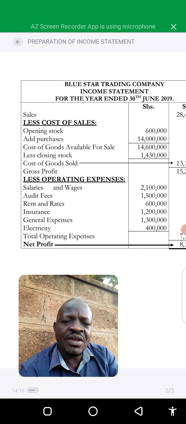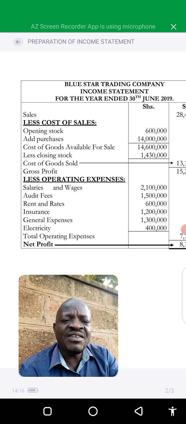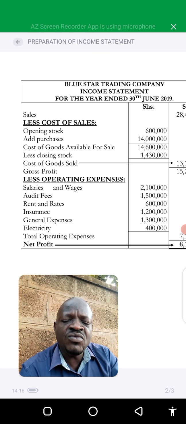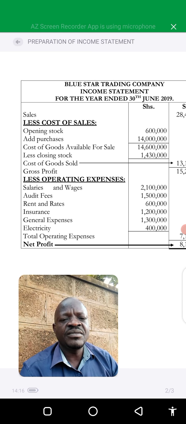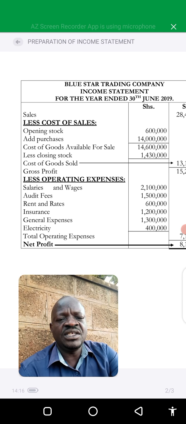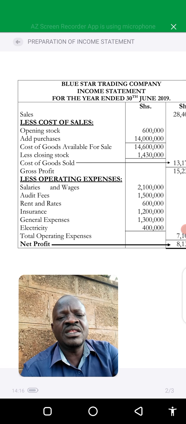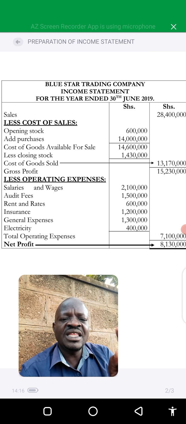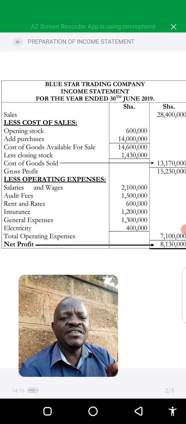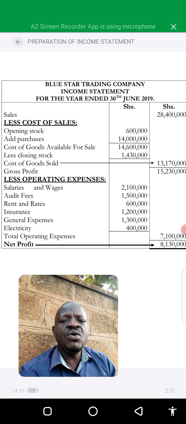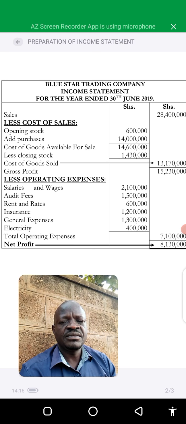When you look at the trial balance below, we have this figure of 1,430,000, which comes after preparing the trial balance. Therefore, when we subtract, we shall get 13,170,000. That now represents cost of goods sold or cost of sales.